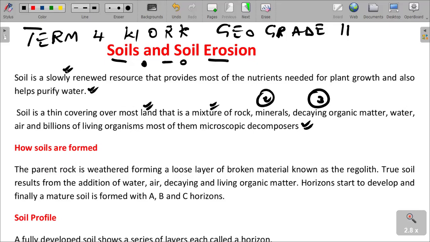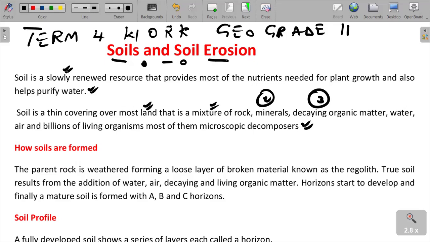When plants and animals die, they are decomposed, they rot, and they form soil because of the action of living microorganisms in there. That is why we say they are microscopic decomposers. The bacteria in the soil feed on these dead plants and animals, also improving soil fertility.